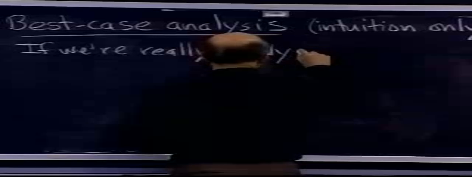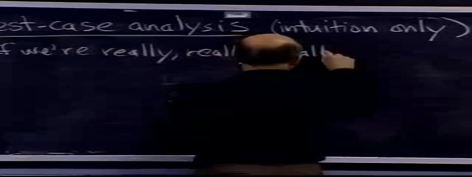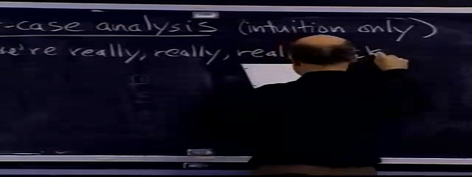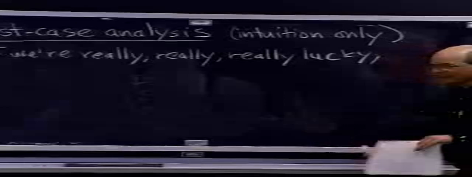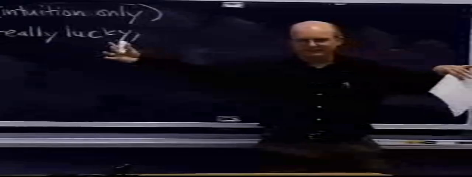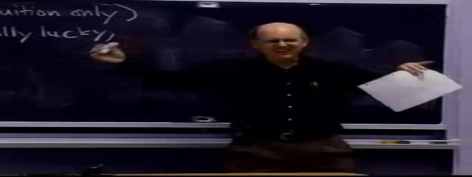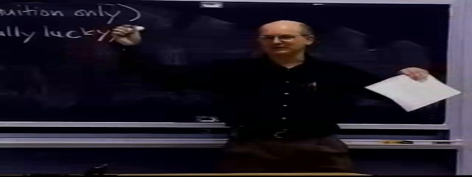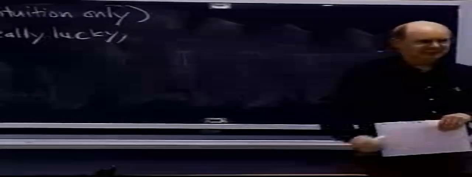So what happens if we're really lucky when we're running this algorithm? If we're really, really lucky. Okay? What kind of split is partition going to give us, do you think? It's going to be the lucky, lucky, luckiest possible split. Yeah. Even. Right down the middle.